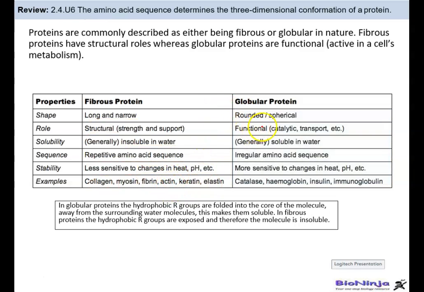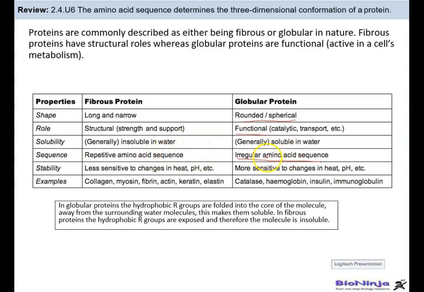Globular proteins are rounded or spherical. They have a functional role, including catalytic or transport roles, etc. They are more soluble in water. They have an irregular amino acid sequence. It's not mostly repetitive, similar to fibrous.